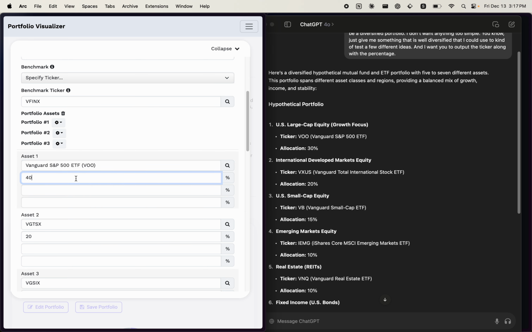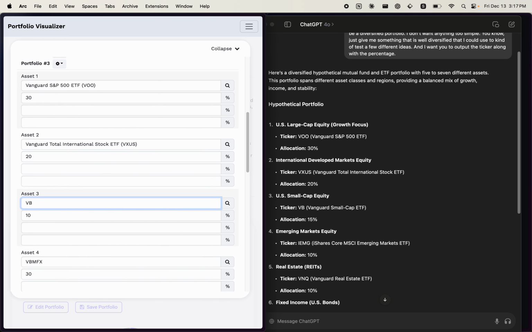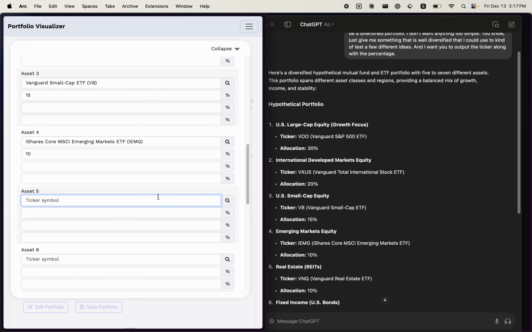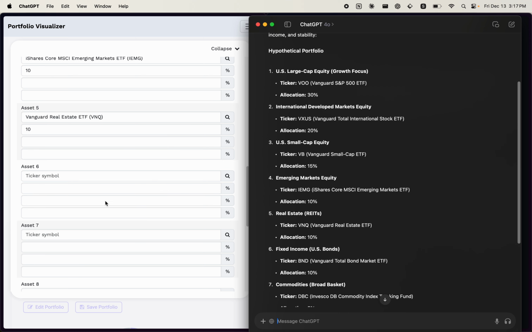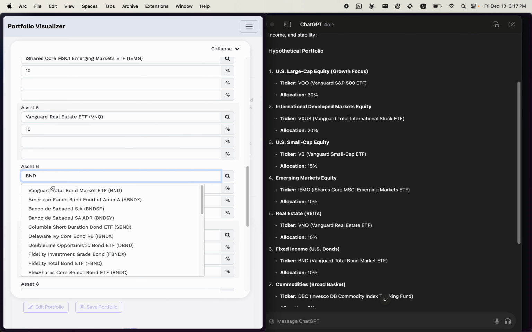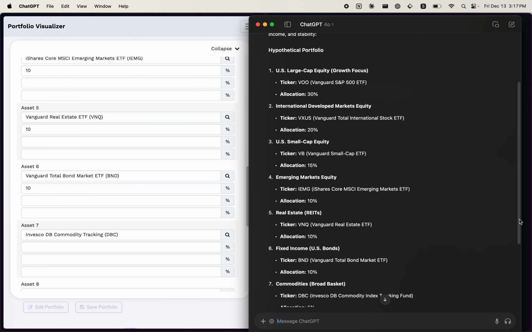And again, this is just to play around. So 30 EX US, 20 VB, 15 IMG, 10 PNQ, 10 BND, 10 and DBC 5.